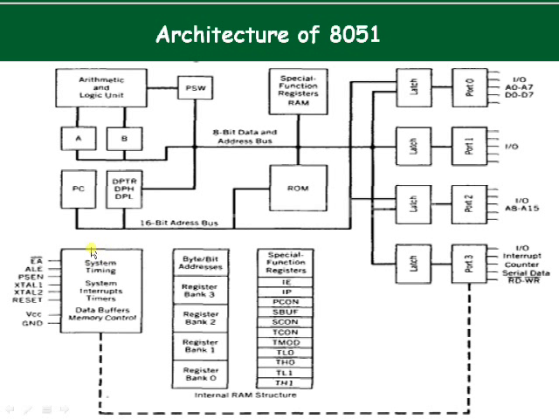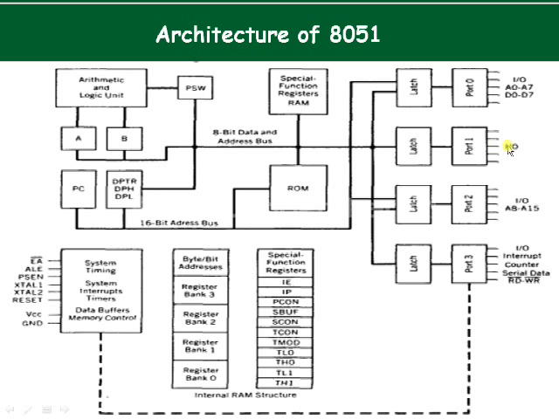Okay, and apart from those things, it also contains one system timing and control unit which is responsible for generating some of the signals, and we have 4 ports like port 0, port 1, port 2 and port 3, and all these 4 ports are provided with some internal latches. Port 0 can act as address as well as data lines, and it can also act as input output lines.